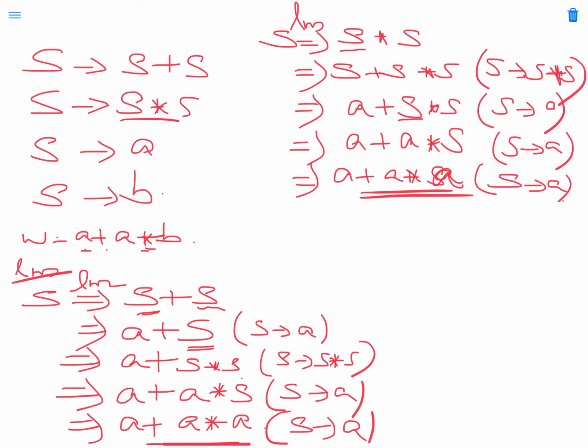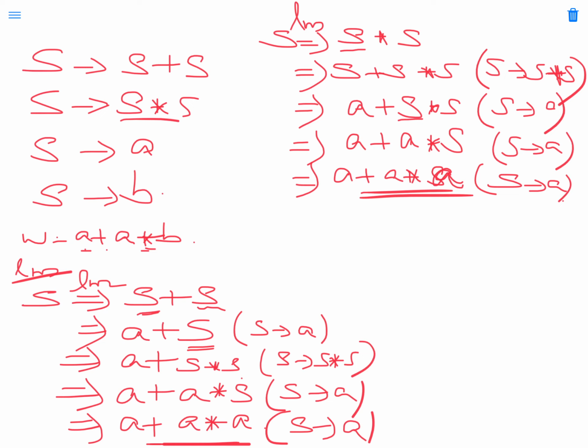So when you draw the derivation tree also, you can see that the derivation tree obtained will be different. If you write the rightmost derivation also, you can see that it is having more than one rightmost derivation also. So we can say that the grammar is ambiguous.